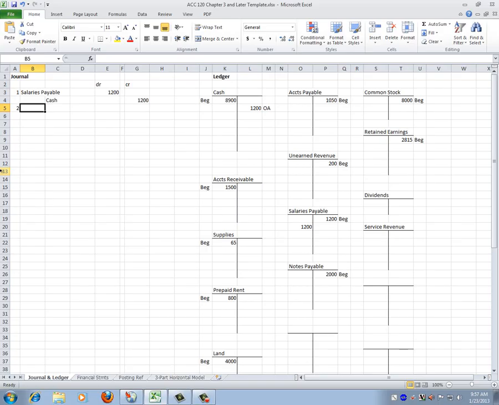Second event, we pay the balance of $2,000 on the debt that we had borrowed in a previous year, and it's an interest-free loan. We see that $2,000 debt balance showing as our beginning notes payable balance.